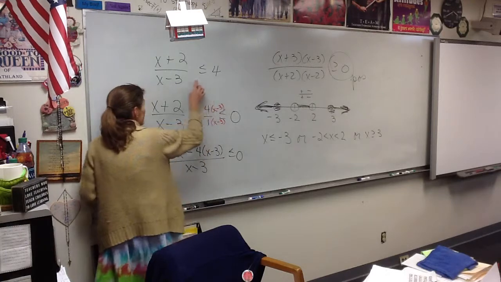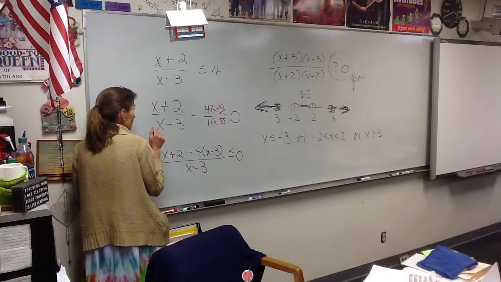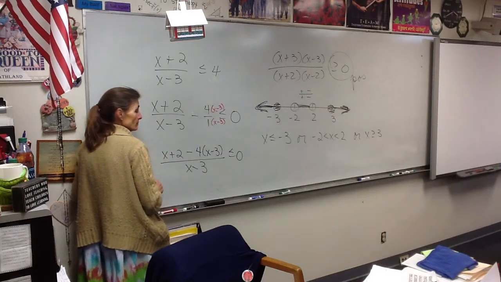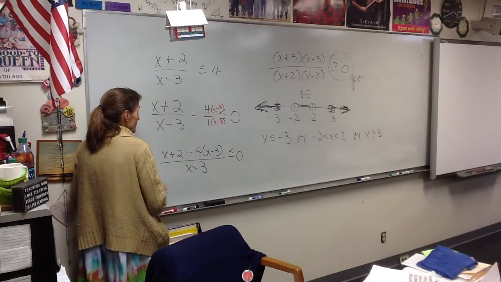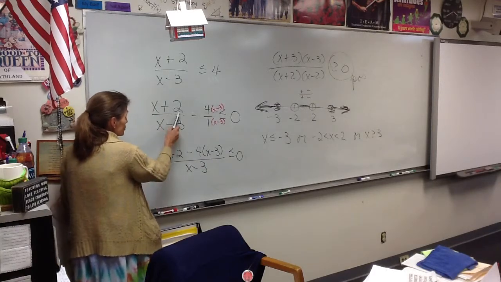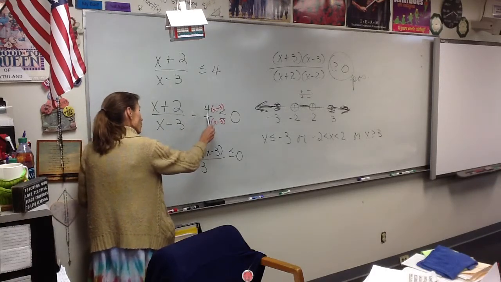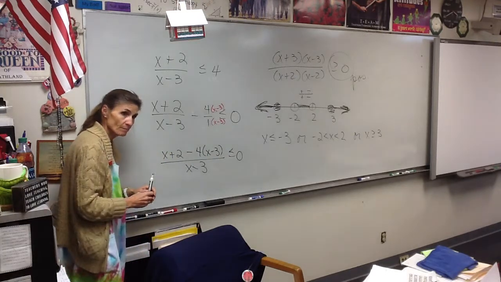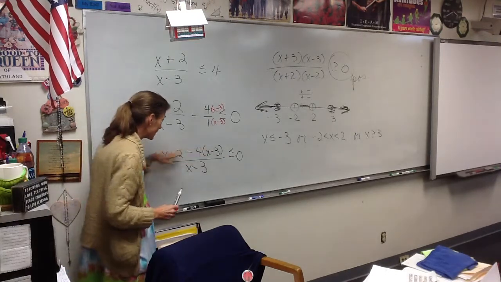I took the 4, subtracted it, multiplied top and bottom by x minus 3. Now my denominator is x minus 3, and on top I have x plus 2 minus 4 times x minus 3. Everybody with me? So now I'm going to clean up this numerator.